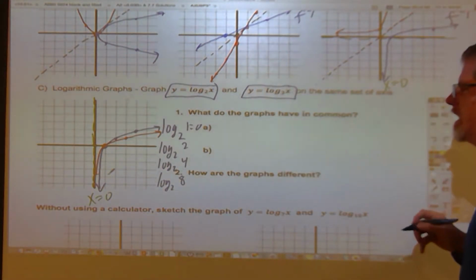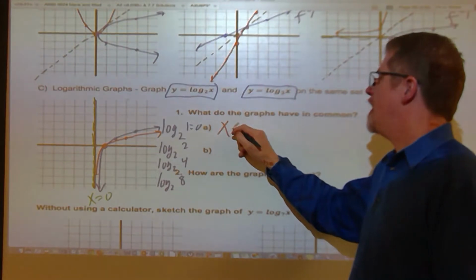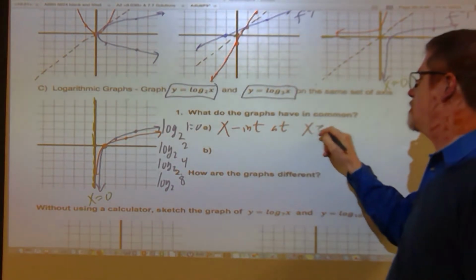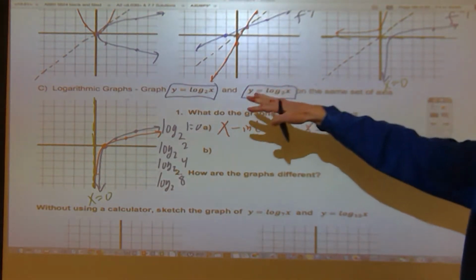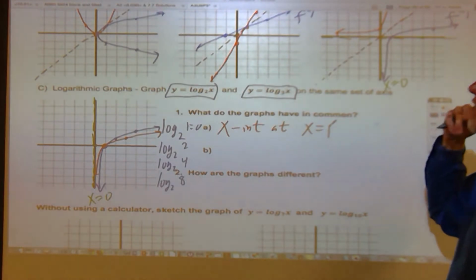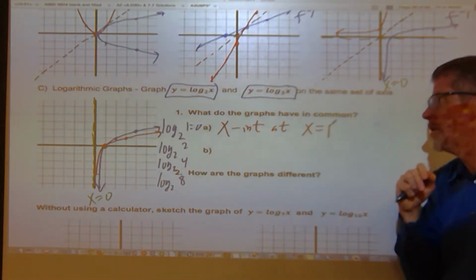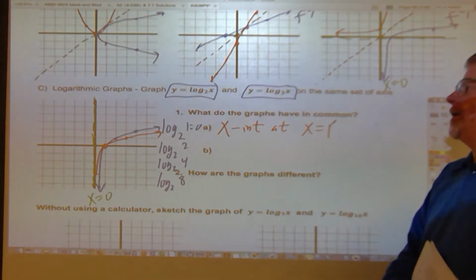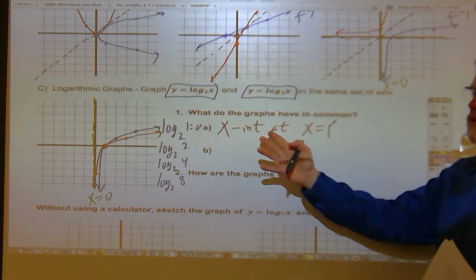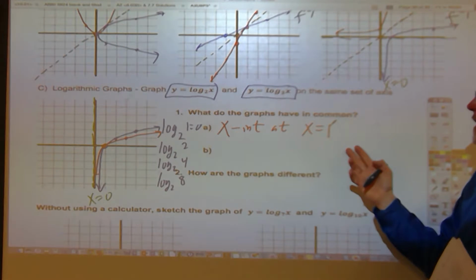what do the graphs have in common? They both have an x-intercept at x equals 1. Every member of this neighborhood, all the parent graphs that live in this neighborhood, we'll call it the log neighborhood, where all the houses are made out of aluminum, they all have an x-intercept at x equals 1.